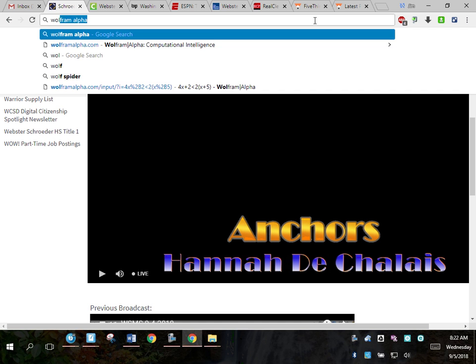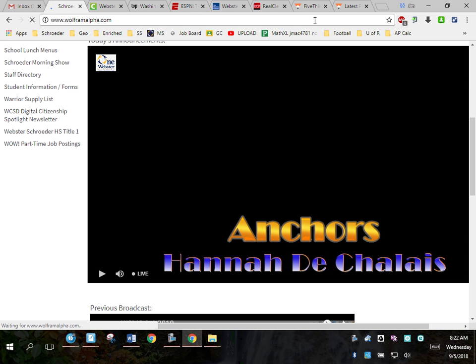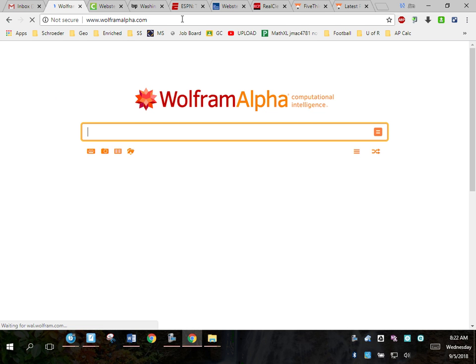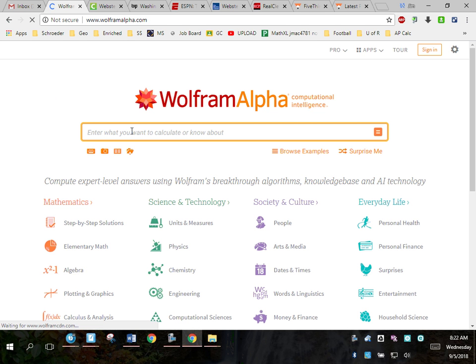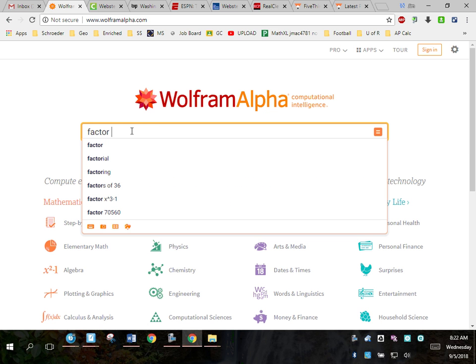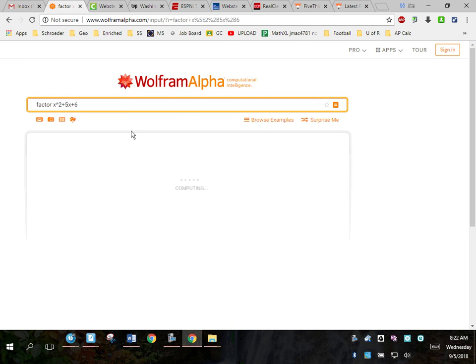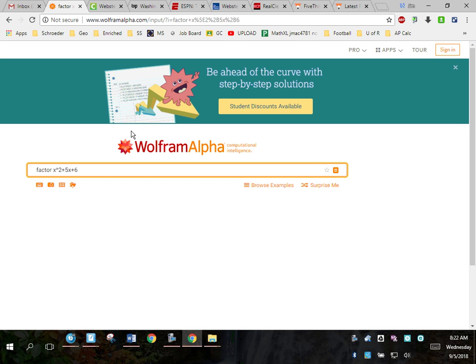If you go to Wolfram Alpha, this computer is so slow. If you are on a high functioning computer, there we go. You can literally type in what you want it to do, and in most cases, it probably will do it. So if I wanted it to factor something easy like x squared plus 5x plus 6, I type in that and hit enter, and guess what pops up?